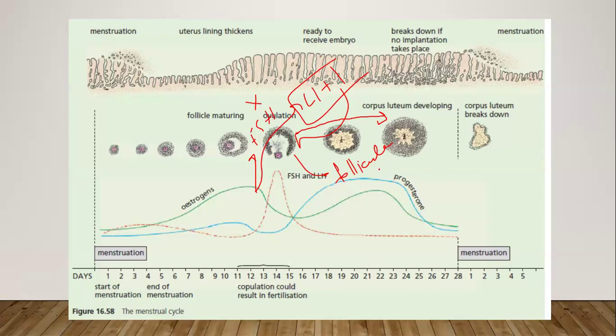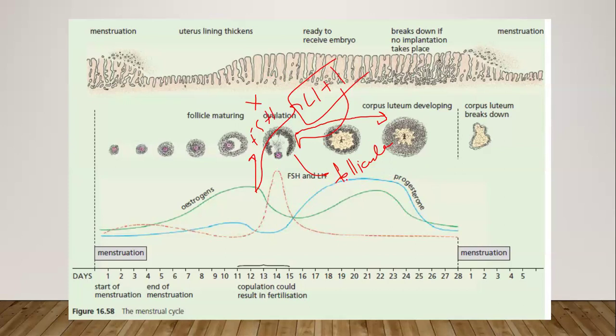The egg cell will be within the body for 1 or 2 days. In that process, progesterone that's being produced by the ovaries is going to continue to maintain the thickness of the lining. That's the function of progesterone, to make sure that the uterine lining stays intact, to make sure that it stays as thick as possible. Then after a day or so, if fertilization has not occurred, the egg cell will be removed by the body.